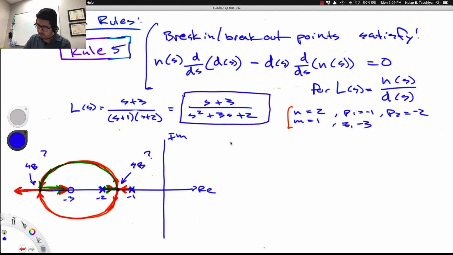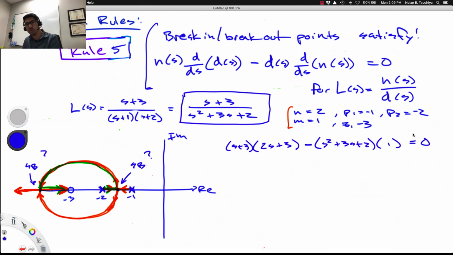It says that the numerator, s plus 3, times the derivative of the denominator. So 2s plus 3 is the derivative of this denominator, minus the denominator, s squared plus 3s plus 2, times the derivative of the numerator, which is just 1 in this case. That should be equal to 0.